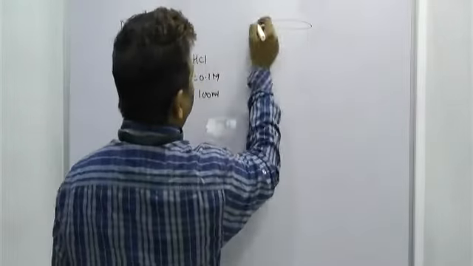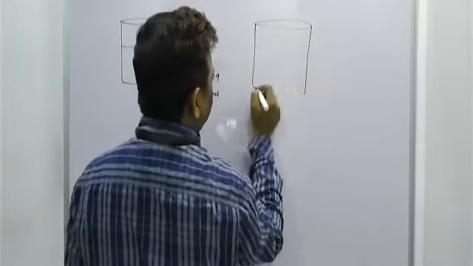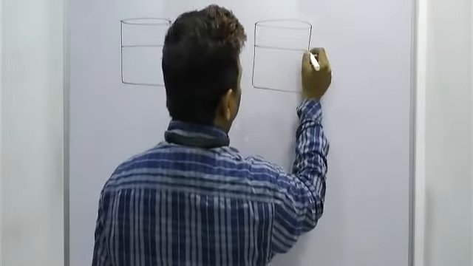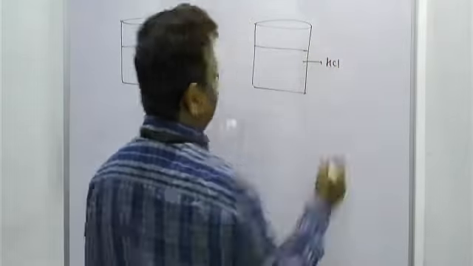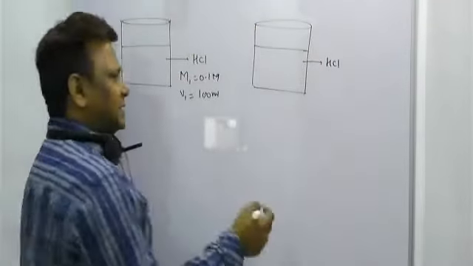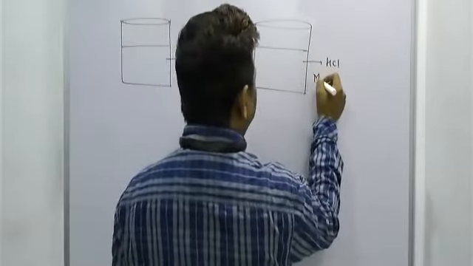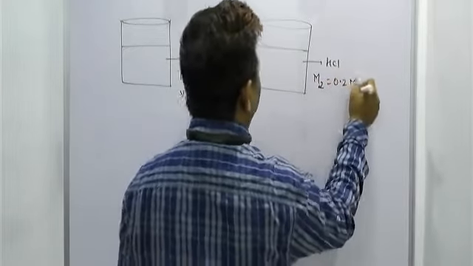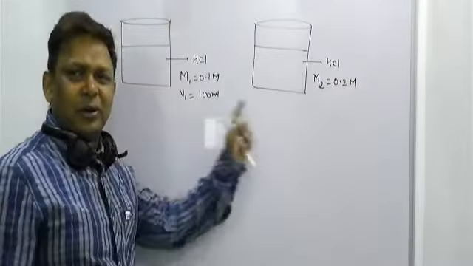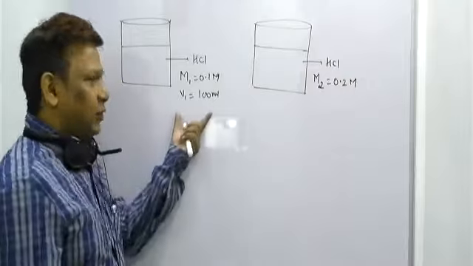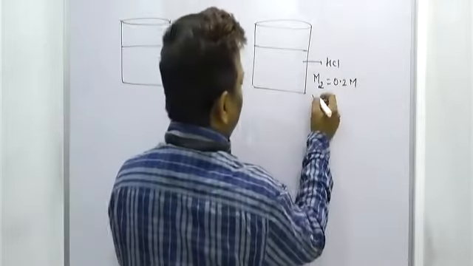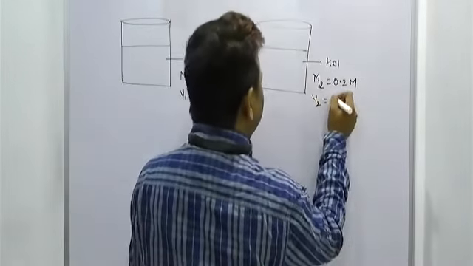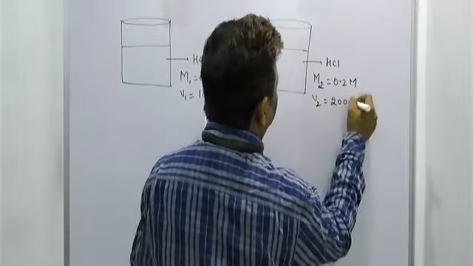Another beaker also contains acid, but its concentration is different, M2, 0.2 molar. Volume, your wish, whatever volume you want to take. I want to take 200 ml.